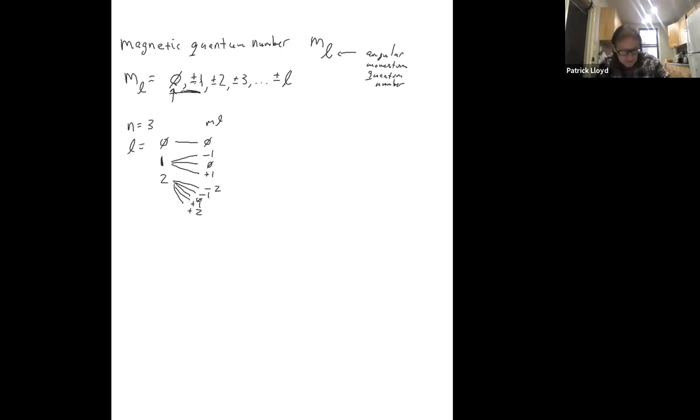So what happens if L is equal to 3, which would be an f orbital? Well, now you're going to go from -3 up, 1, 2, 3, 4, 5. I feel like I screwed up. No, one more.